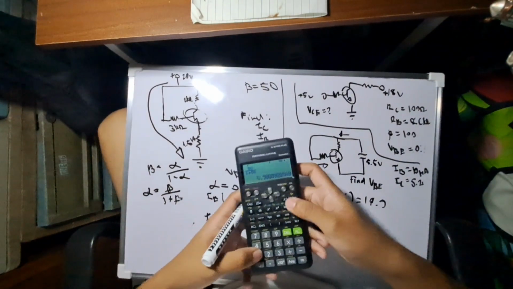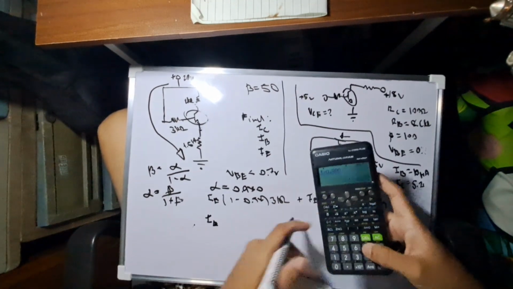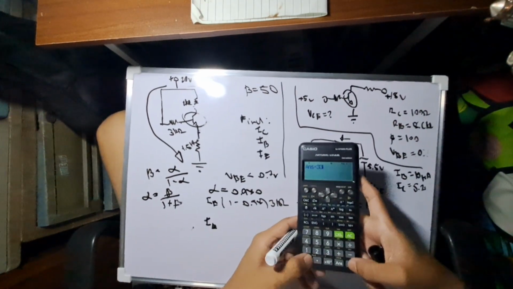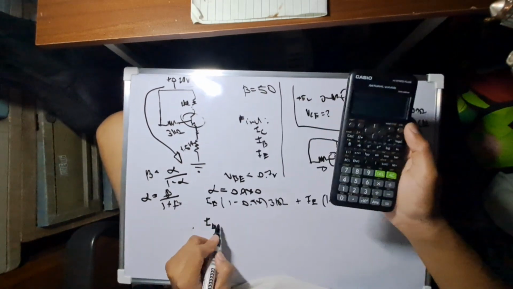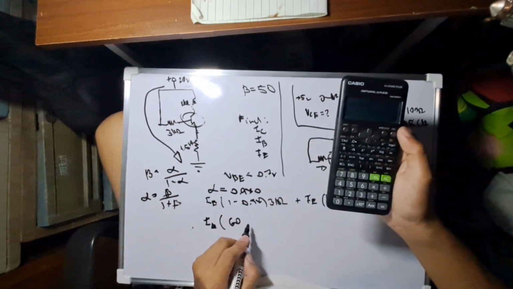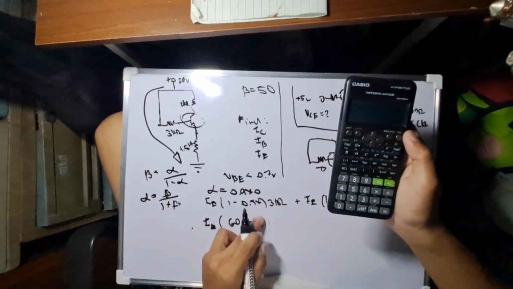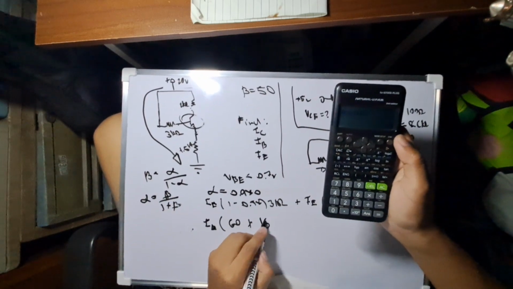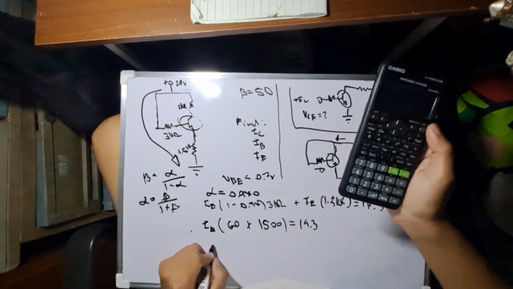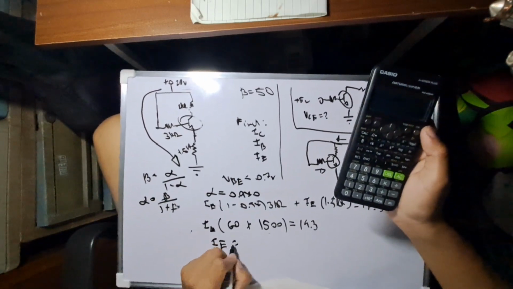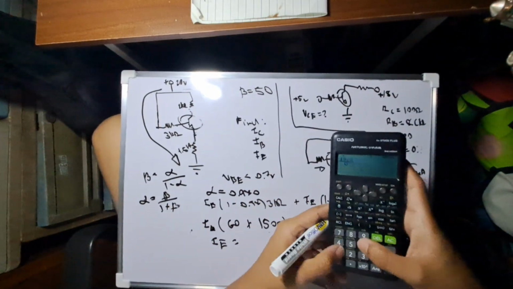Actually, let's multiply this. 1 minus 0.980 is 0.02 times 3,000, you have 60 ohms. It's equals to 60 plus 1.5, or let's say 1,500. 1,560 is equal to 19.3. IE is equals to 19.3 divided by 1,560.